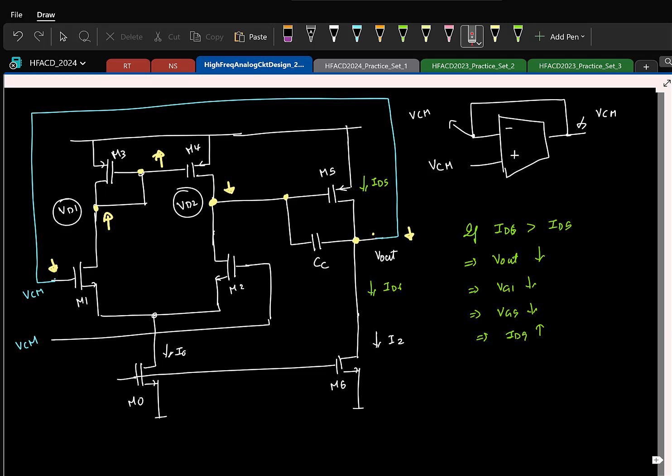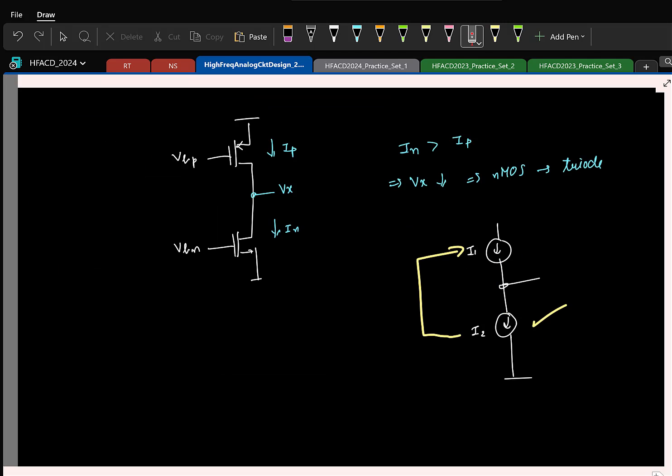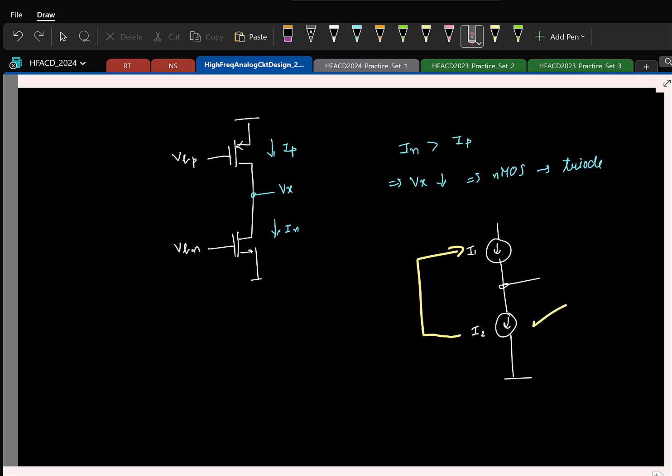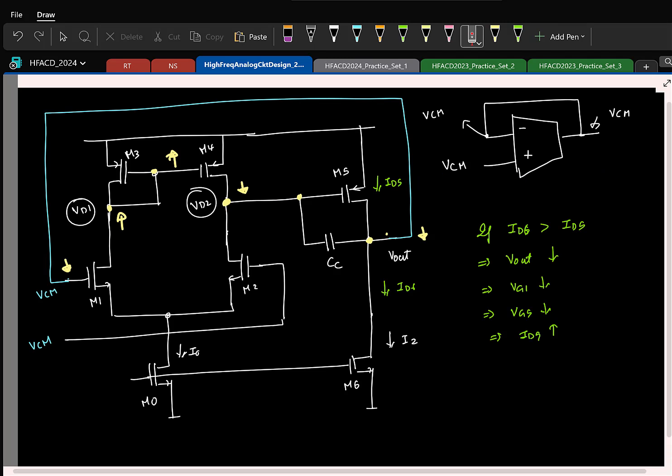Okay. And finally, because of the virtual ground, we expect this guy also to be at the same VCM. But let's verify if that is the case. Let me copy this. Erase all this.